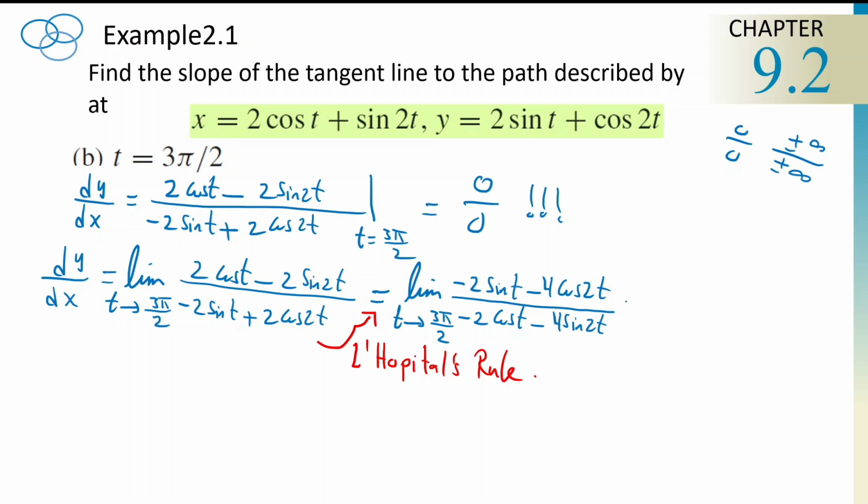Now, once I use L'Hopital's rule, I'll try again with the direct substitution and see what it gives me. So if I do the direct substitution again, I'll get 6 over 0, which is infinity in this case. This is undefined. So what can I conclude in this case? That the slope is undefined.